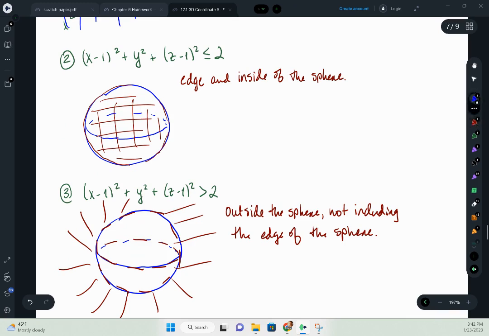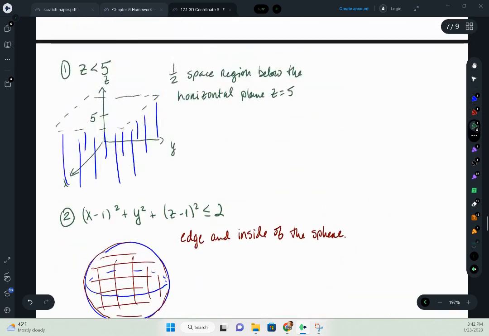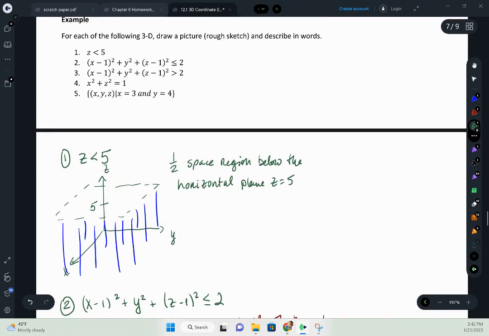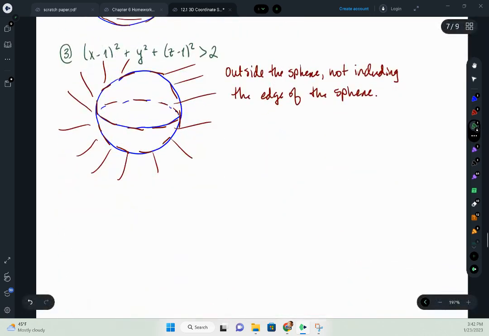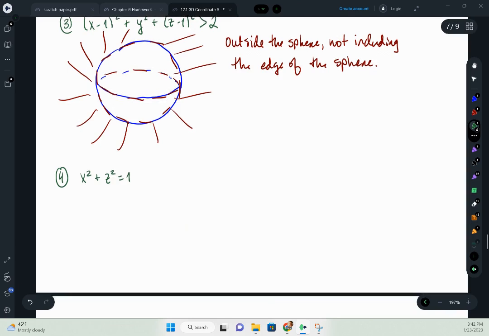Okay. And finally, another one. x squared plus z squared is equal to 1. All right. Well, we've been working with these. The equation of a circle that is centered at 0, 0.